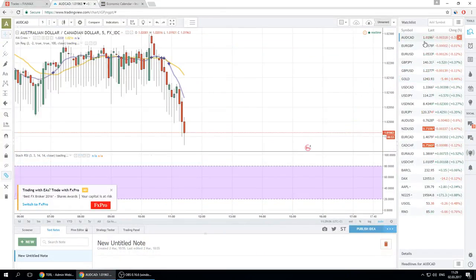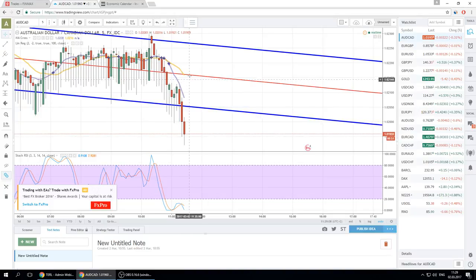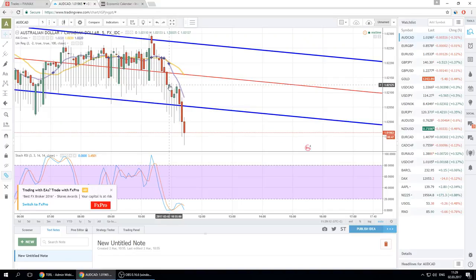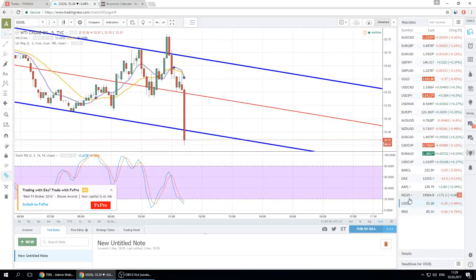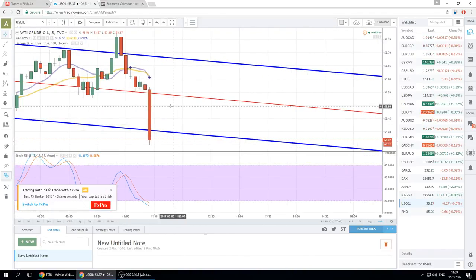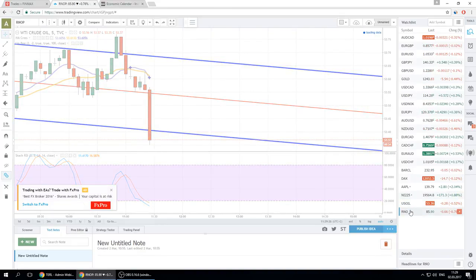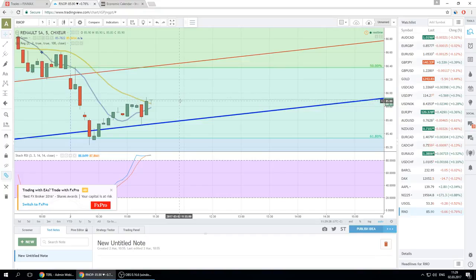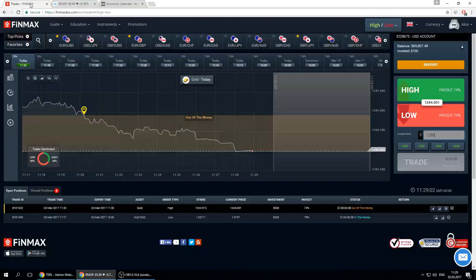And meanwhile, we'll see what we have on Australian Canadian dollar. Still moving down due to oil. Yesterday I mostly traded on Renault stocks.